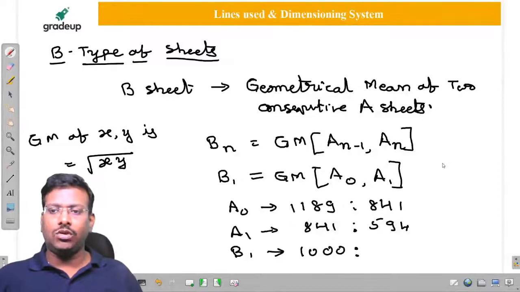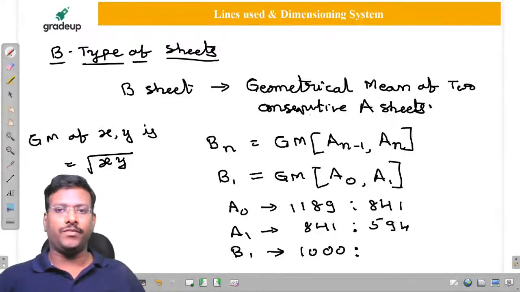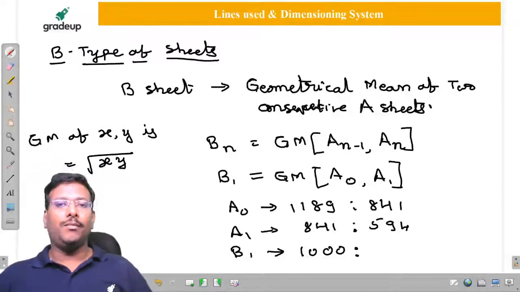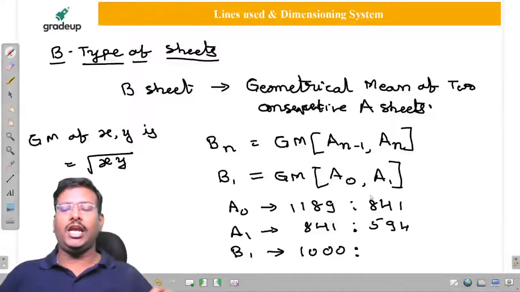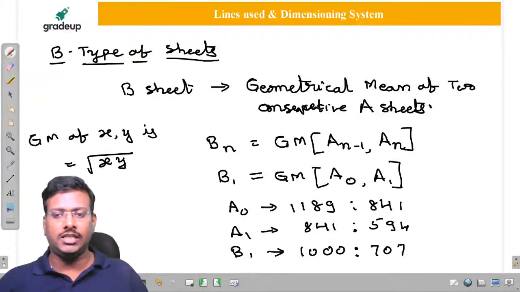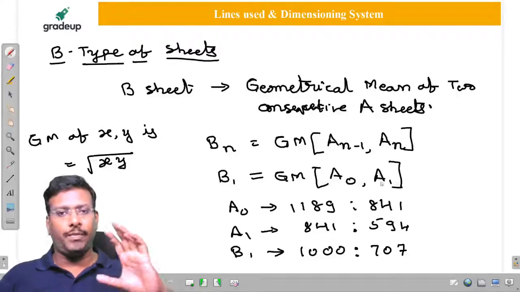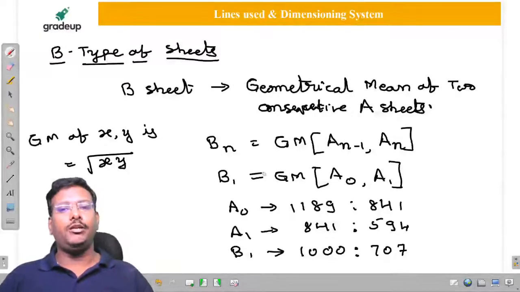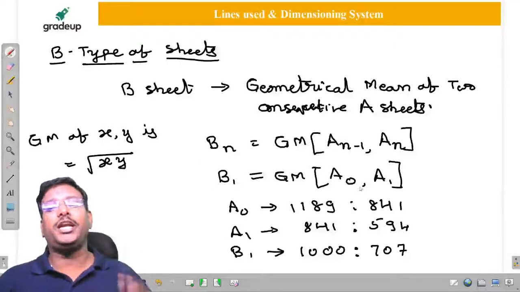Yes, it is two consecutive. Remember, a B type of sheet is a geometrical mean of two consecutive A type of sheets. This is the basic principle, my dear friends. In order to get a B sheet, it is considered as the geometrical mean.